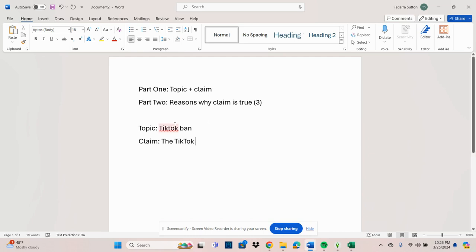It's TikTok with two capital T's. My claim will be that the TikTok ban will hurt US citizens more than it will help.